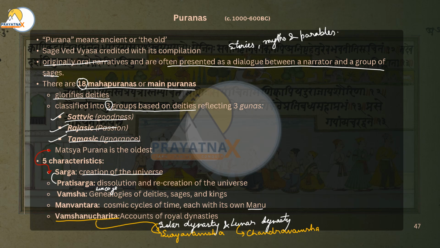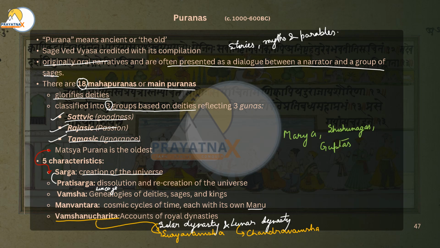The Puranas also describe the genealogies of various royal dynasties, including the Mauryas, the Shishunagas, then the Guptas.